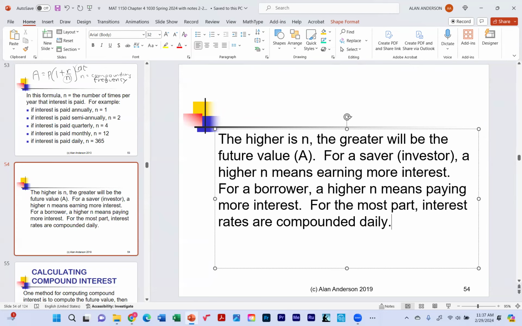If you're the borrower, that's bad news. If you're the lender, though, the person who's saving his money, that's good news. Now we're going to see as we go along how much of a difference it makes with our rates of return and our borrowing costs.